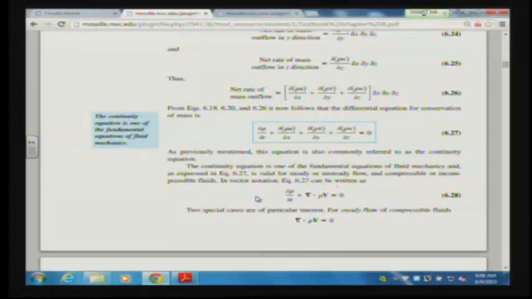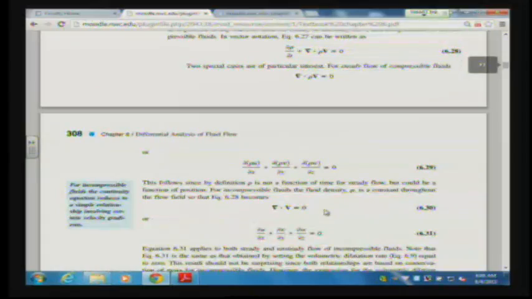But if we can specify it a little bit more simply, and we know, for example, that if we have steady flow of compressible fluids, that the equation is going to look like that, because the del rho del t term is going to drop to 0. That's the definition of, if there's no change in density with respect to time, what we're saying is that's a steady flow problem.